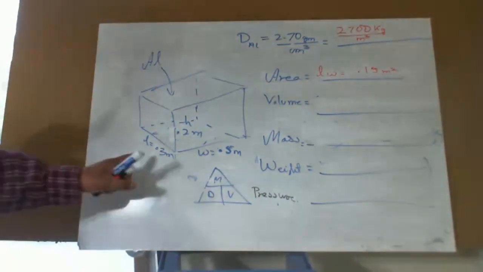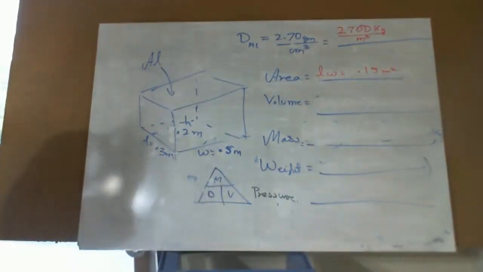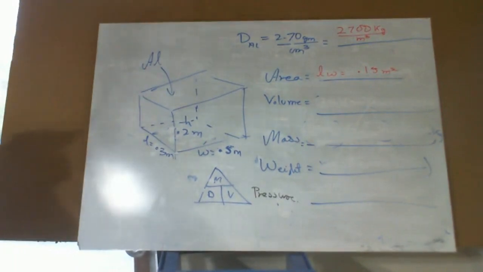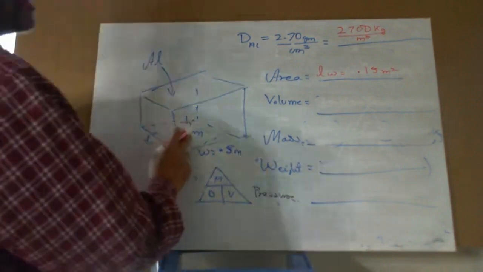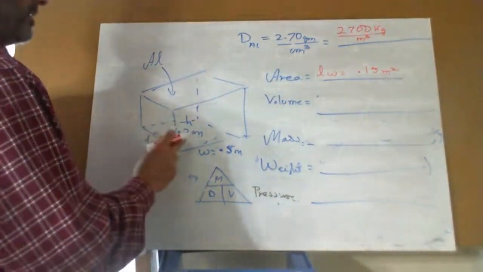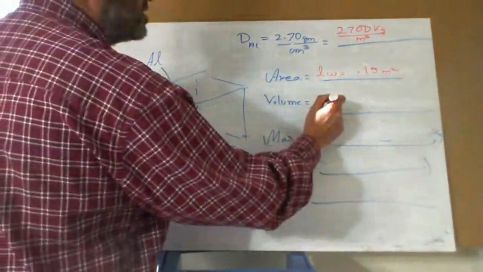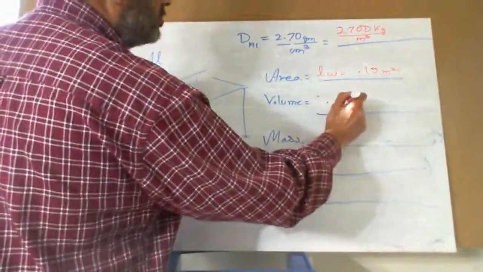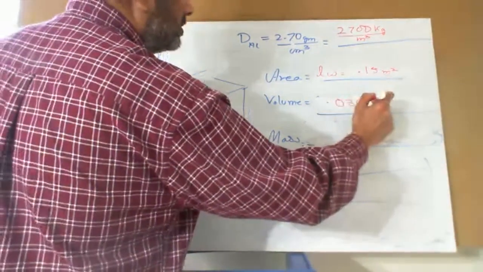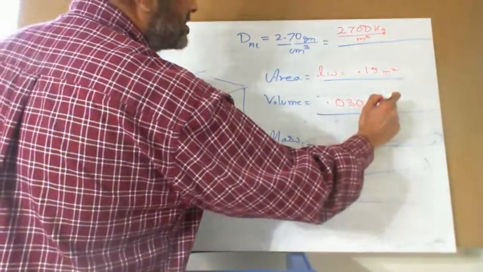Okay, so 0.3 times 0.5, right? And then if you multiply this by 0.2, it would be 0.030 cubic meters.